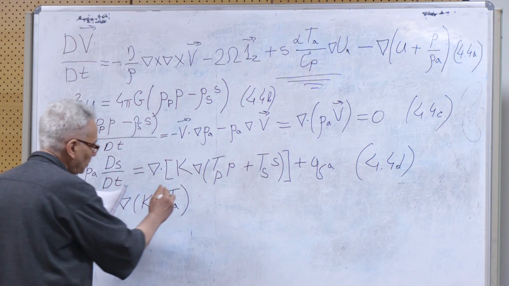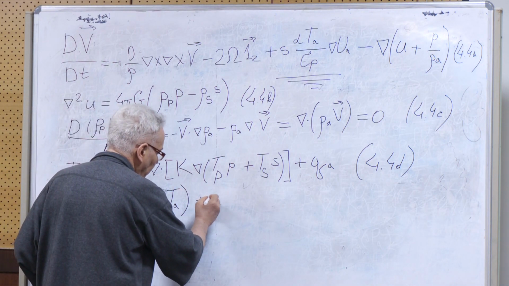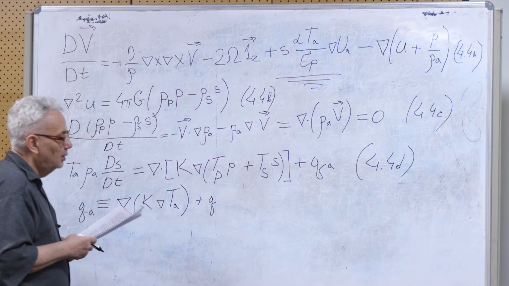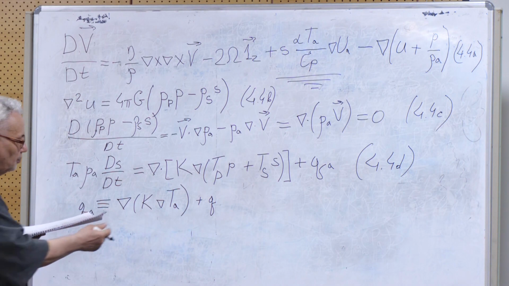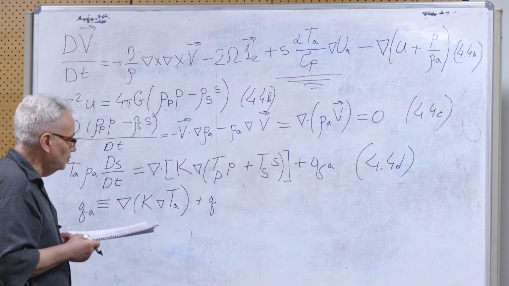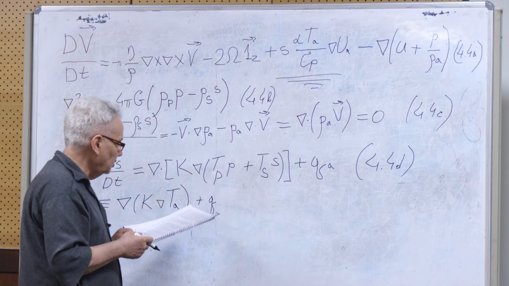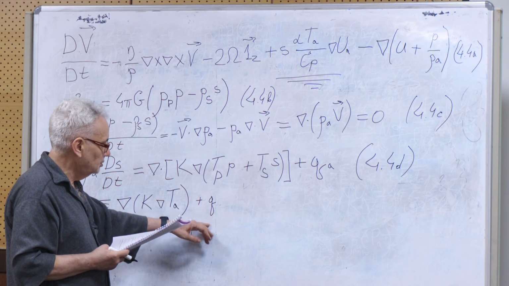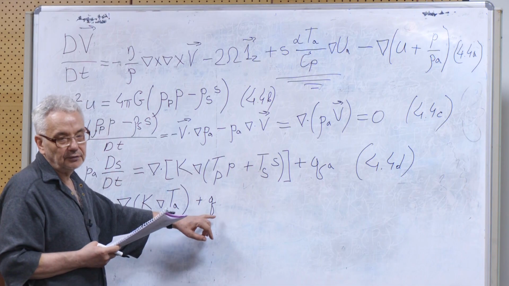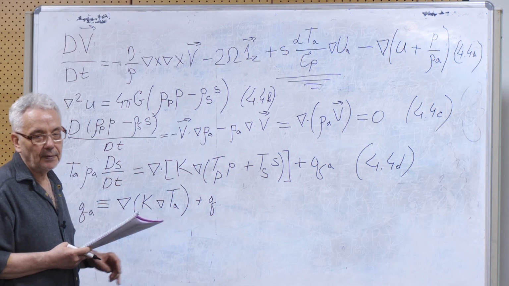Then there is some additional term, for example magnetic or whatever you like, a term of this heat source. But of course, in the first approximation to model convection, it is just neglected. This source could be radioactive or other sources.